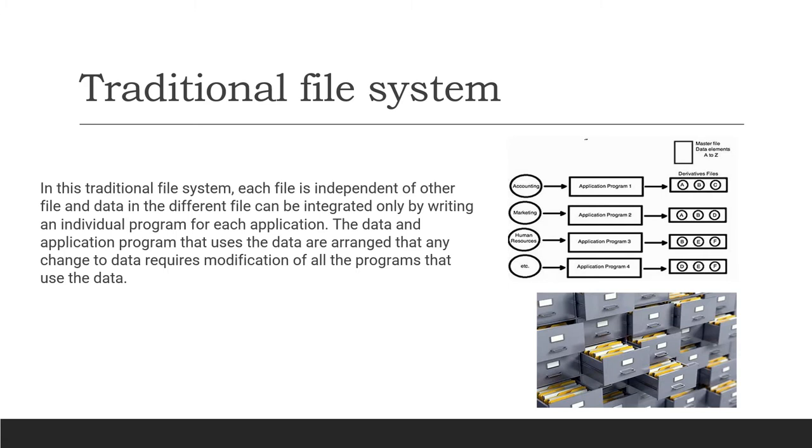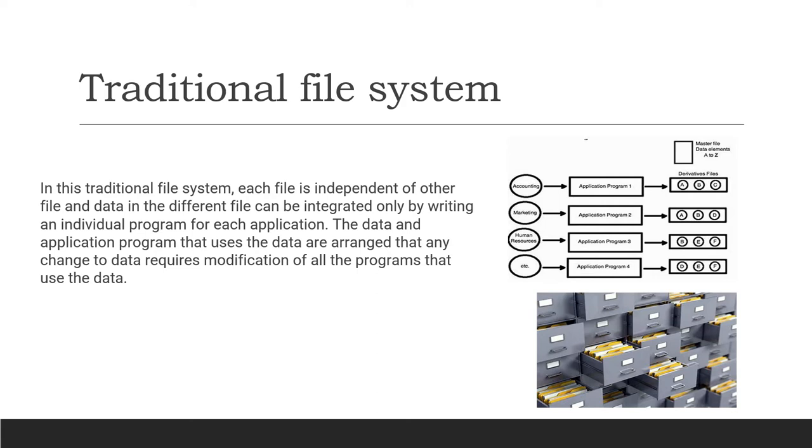You can see in the picture, each file is in a drawer. Now if they want to modify the data, they need to first find the folder, and if the record is stored in multiple files, they have to physically make those changes. So this is a very tedious task.